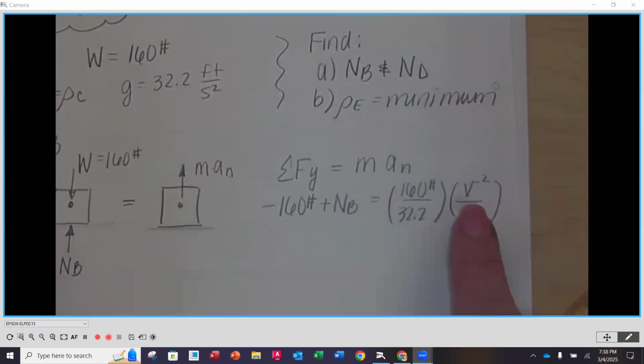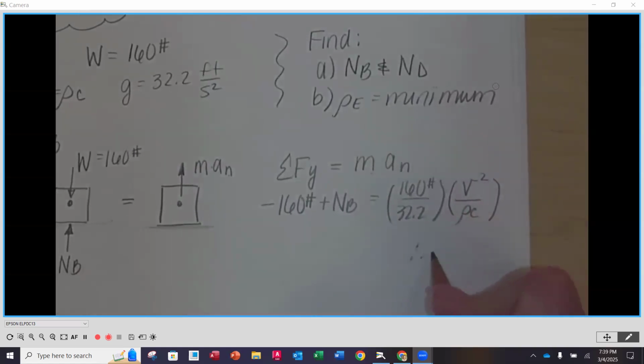Now, this velocity can be calculated, and we looked at this in sample problem 1317. So you can look back to that practice problem, but we know that the velocity squared is equal to 2gy.